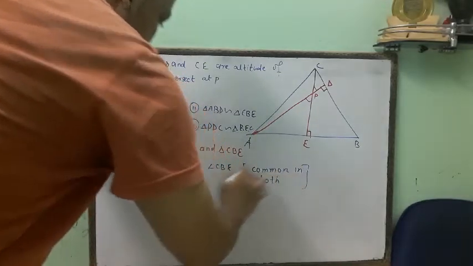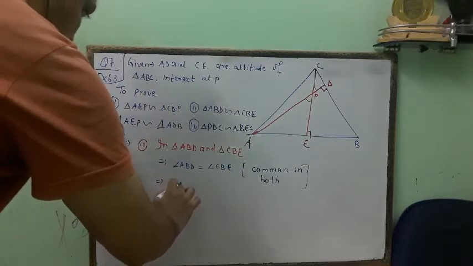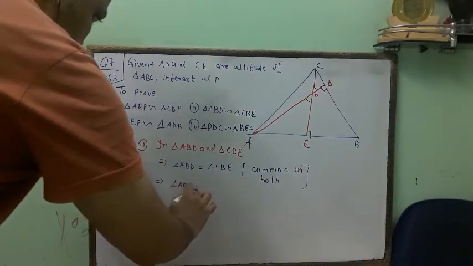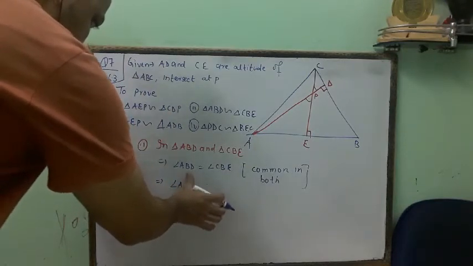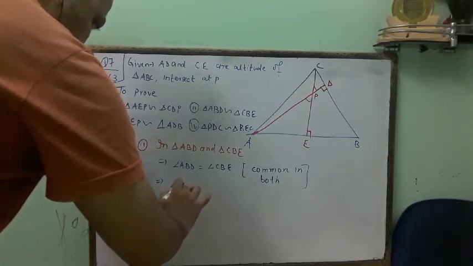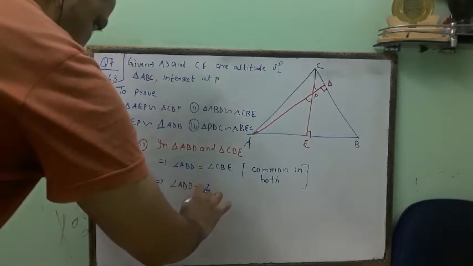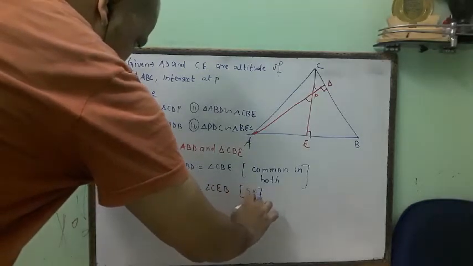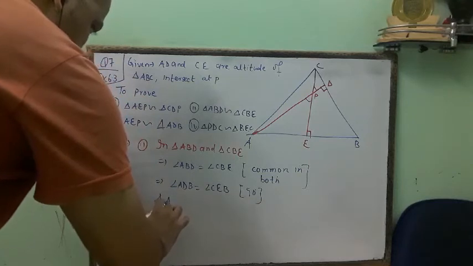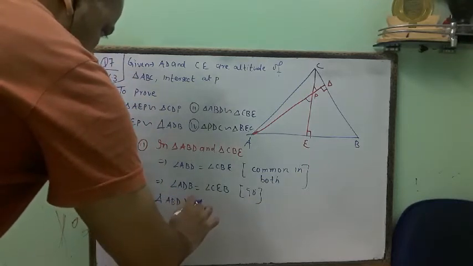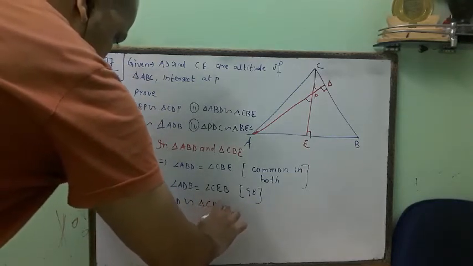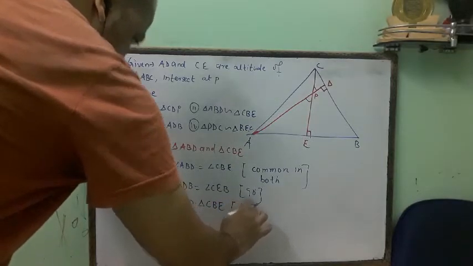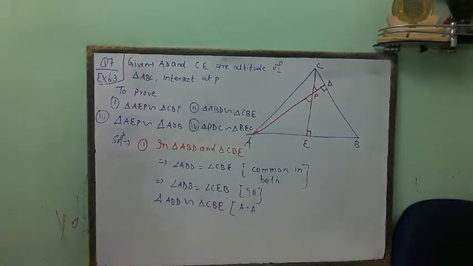Now the second angle is a right angle, so angle ADB is equal to angle CEB, that is equal to 90 degrees. Now triangle ABD is similar to triangle CBE, the criterion is AA. This is the process to prove these triangles similar.